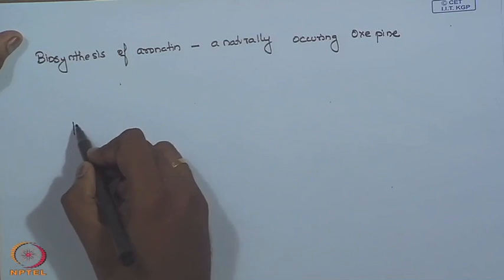So it follows a number of reactions. It follows initial epoxidation and it goes on. We will concentrate only on one step, where it undergoes an electrocyclic reaction. I am taking only that particular step.